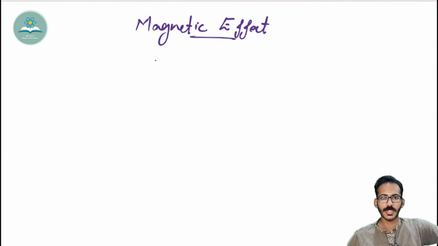Let's see the properties of a normal bar magnet. A bar magnet has two poles. One is north pole and the other one is south pole. So a magnet has two poles. The area around a magnet where its influence is experienced is called magnetic field.